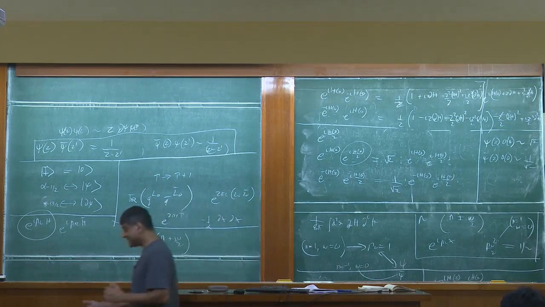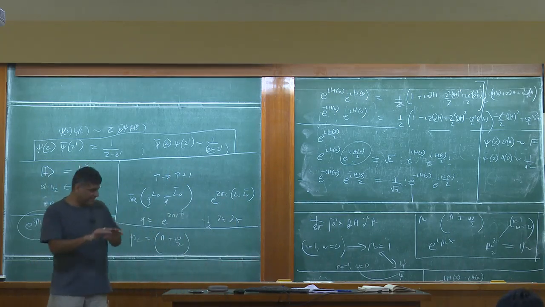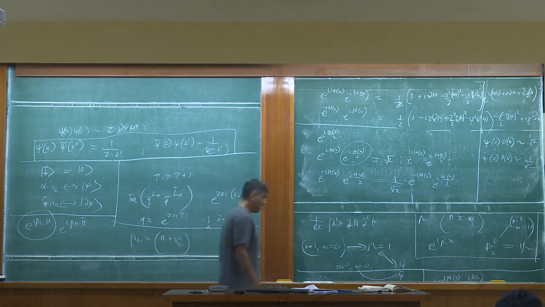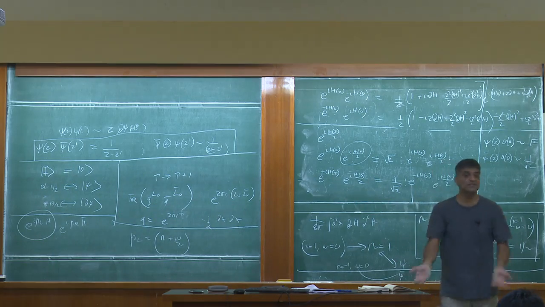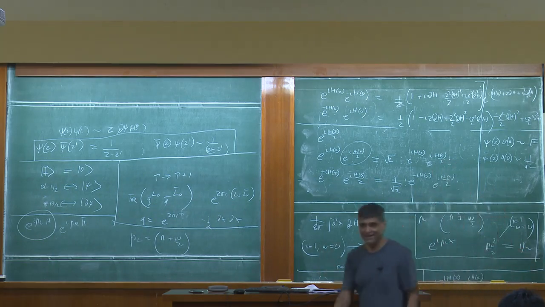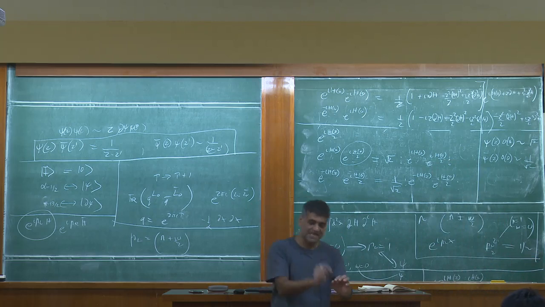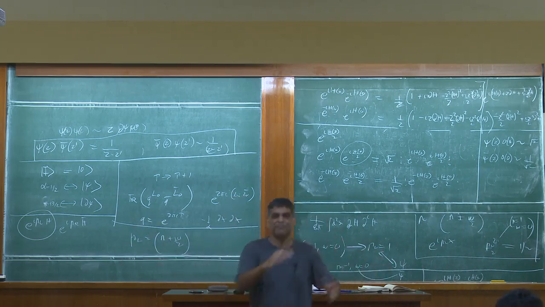Now states on S2 in this U1 gauge theory come in sectors, because the U1 gauge flux on the sphere is quantized in units of 2 pi, and so the flux can be 0, 2 pi, 4 pi, minus 8 pi, whatever. Okay?